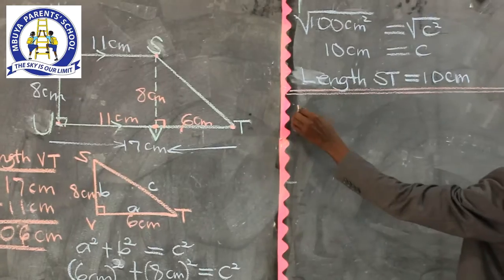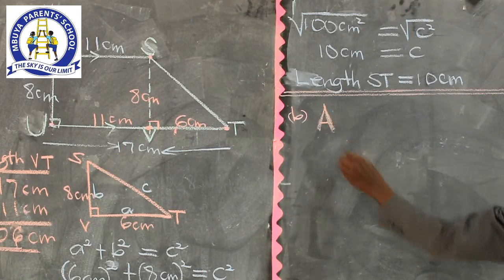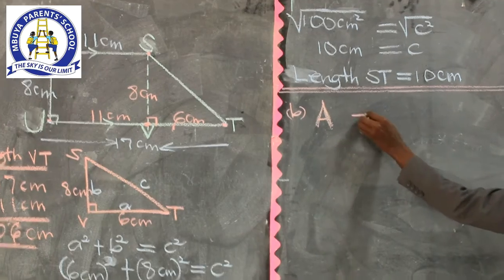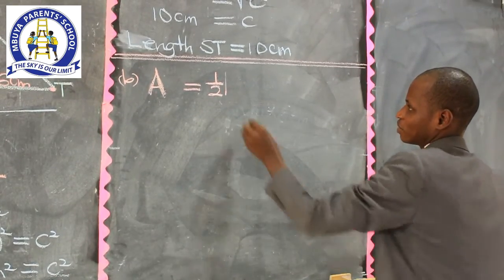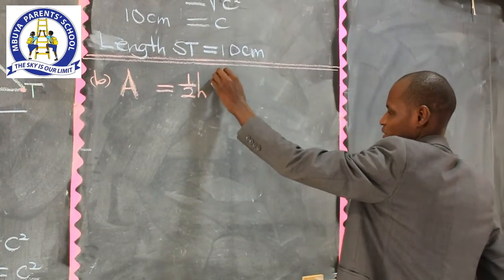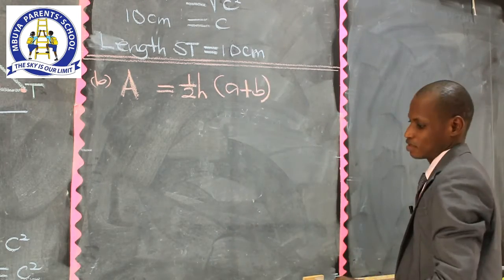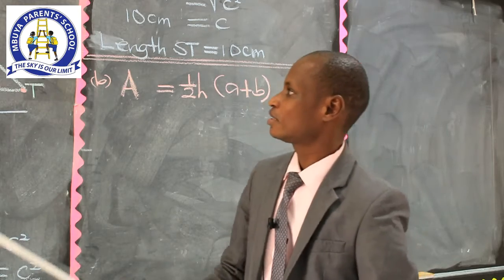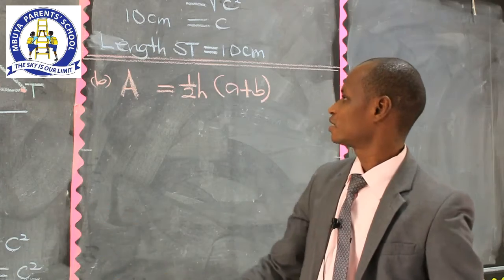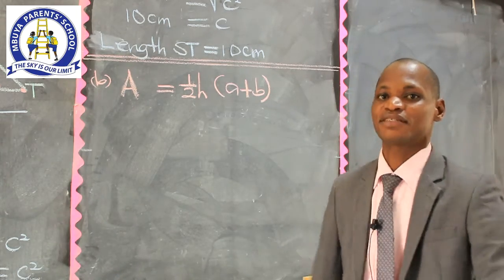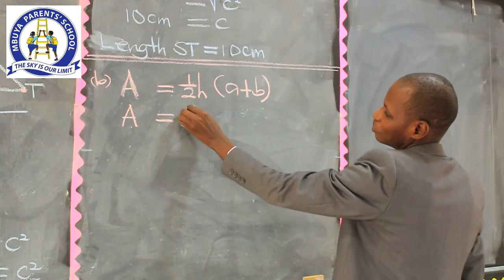This is part B. We have our area denoted with the letter A as a half H into A plus B. For this case, our A is 11, our B is 17, and H, which is the height, is 8 centimeters.